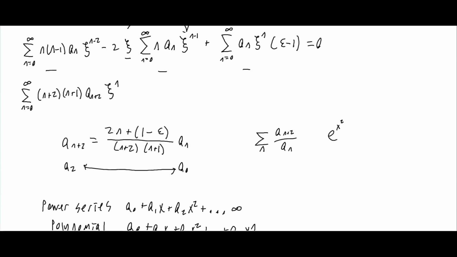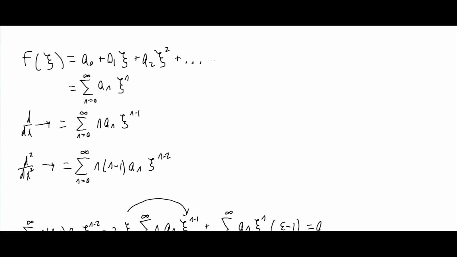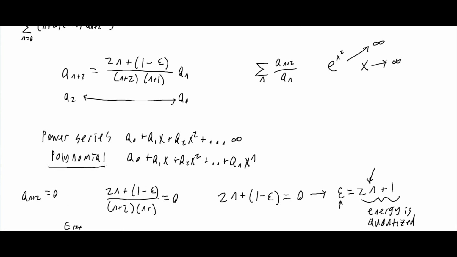But we said that with this recursion formula, if we kept the power series going on to infinity, we would end up behaving like this e to the x squared power here, which goes to infinity as x goes to infinity. And so we said that this had to terminate and become a polynomial.